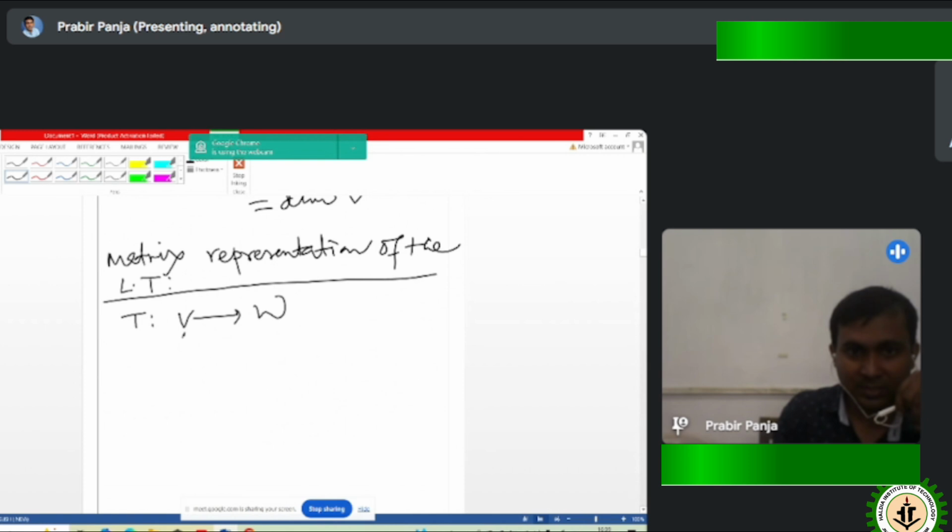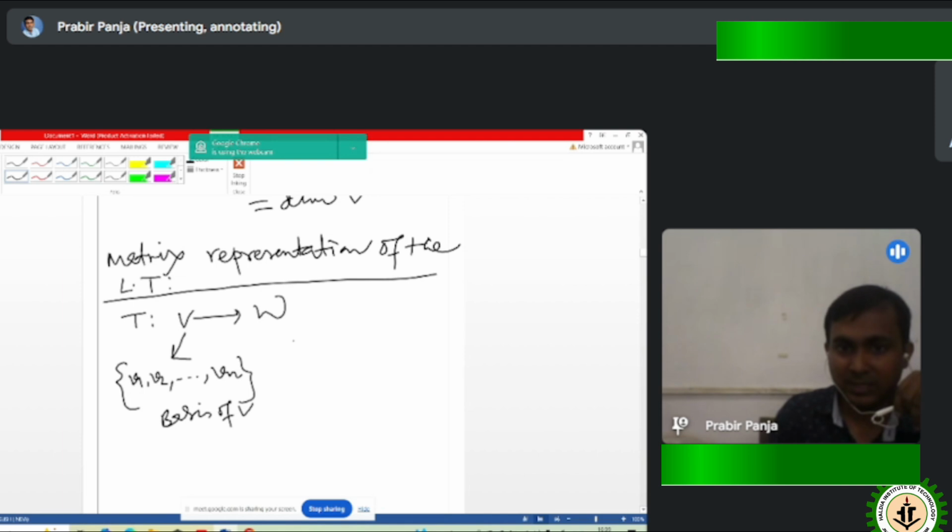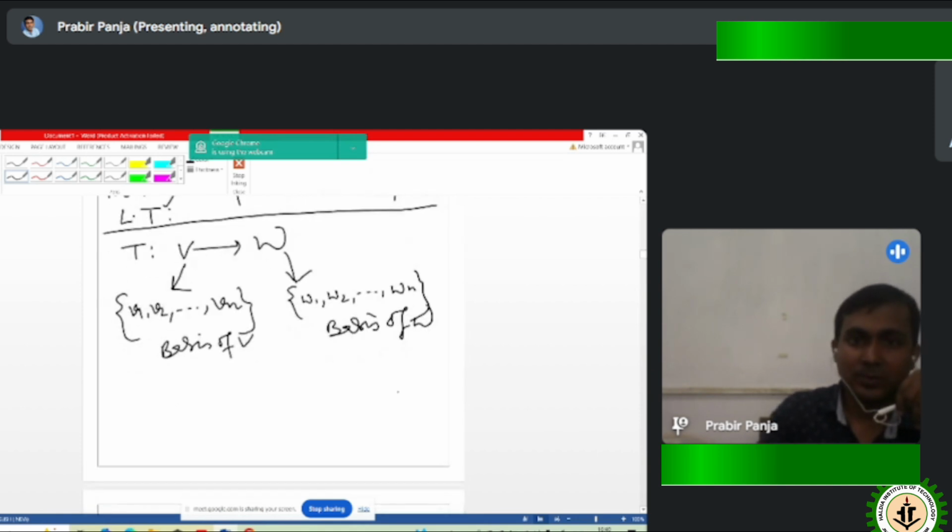Suppose the basis for V is V1, V2 up to Vn. Similarly, the basis of W is W1, W2 up to Wn. So this is the basis of W. Okay. Now what we'll do, first of all, we'll compute T of V1.